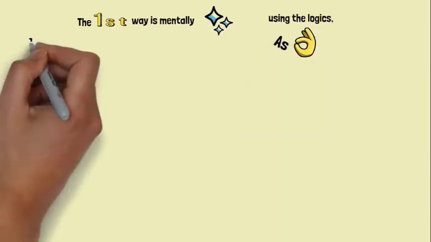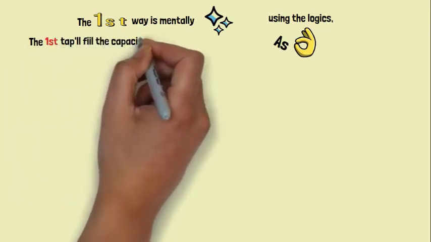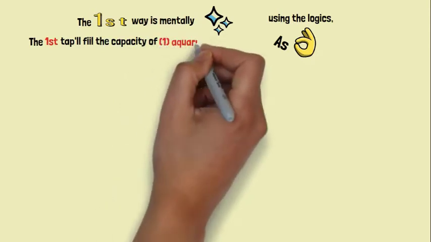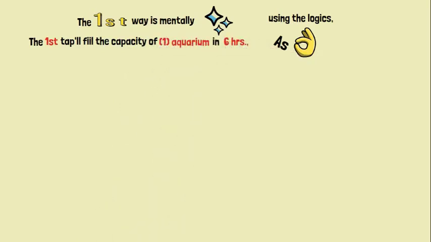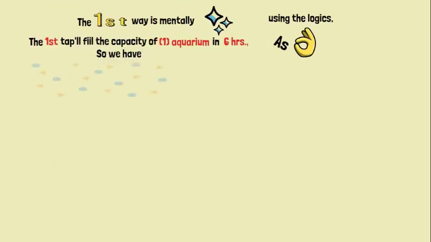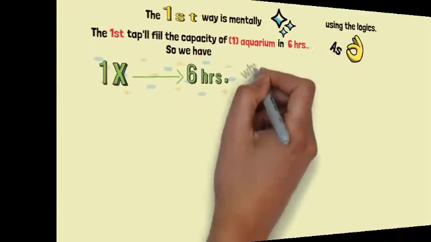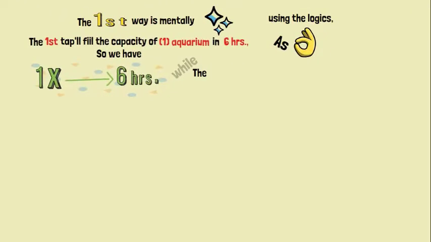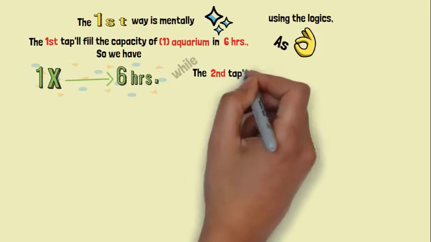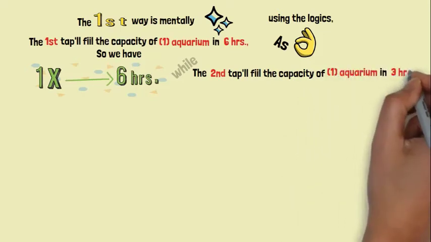As the first tap will fill the capacity of 1 aquarium in 6 hours. So we have, for the first tap, 1 aquarium, meaning 1x in 6 hours. While the second tap will fill the same capacity of 1 aquarium in 3 hours.